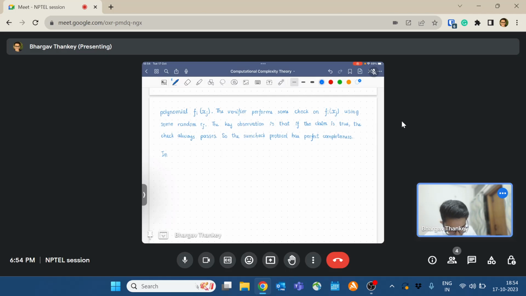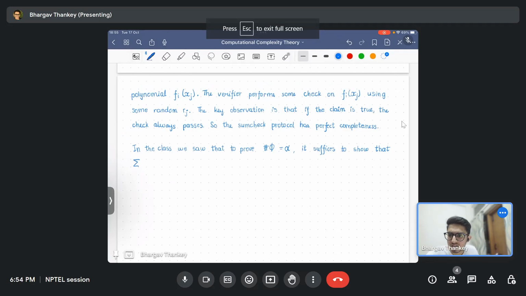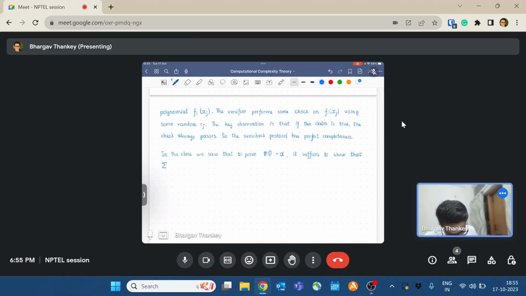In class, we saw that a way to prove that #phi, for some Boolean formula phi, equals alpha, it suffices to show that, let's say phi is in n variables, then the sum over p1 to pn in {0,1} of f of p1 to pn is alpha, for some polynomial.